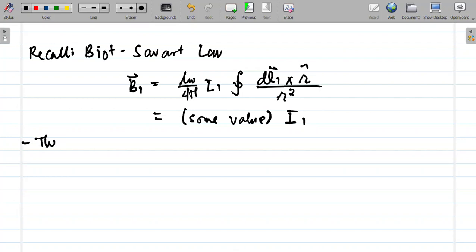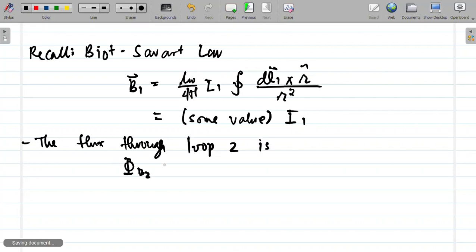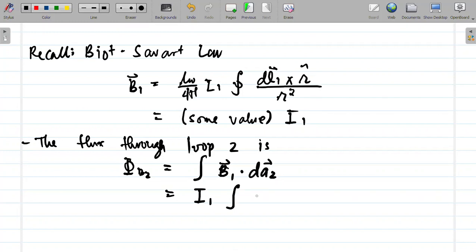And therefore, the flux through loop 2, B dot dA yan. So, this is given by phi B2. Yan ay area integral ng B1 dotted with dA2. Bale, ito ay I1 integral ng some value. Di ba I1 constant lang yan? So, some value dotted with dA2.